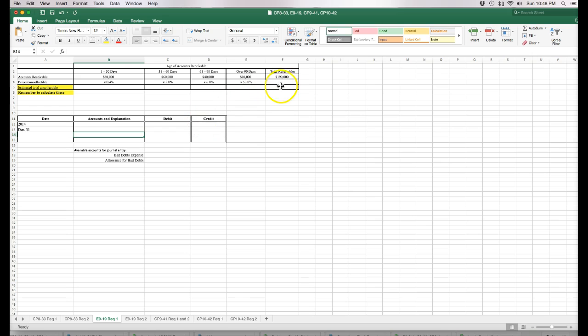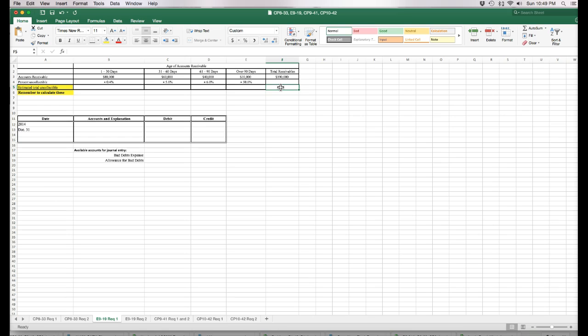So here we estimate what we expect that uncollectible amount to be. That is our goal of where we want the allowance for bad debts to be, and that would be a credit balance.